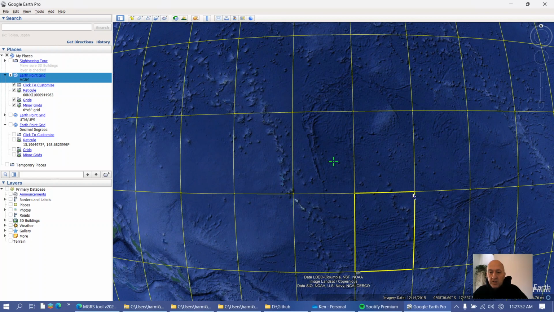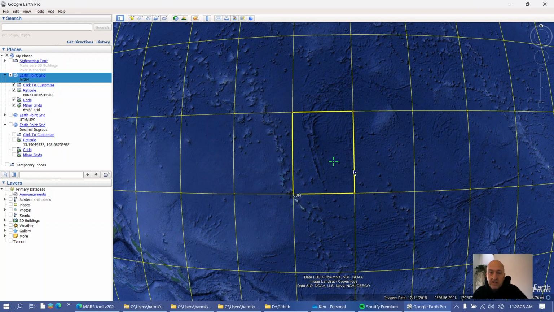And then as I go to this corner, that is 6 degrees in longitude difference. So the equator is here, negative 180 degrees. This is negative 174 degrees. So it's 6 degrees wide, and then as we go up, it's 8 degrees tall.